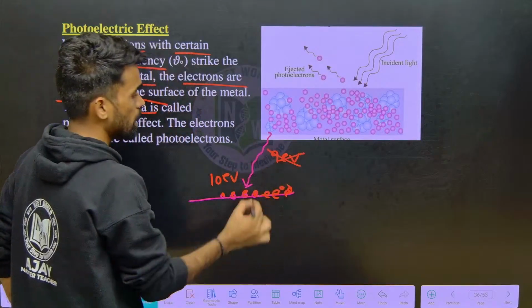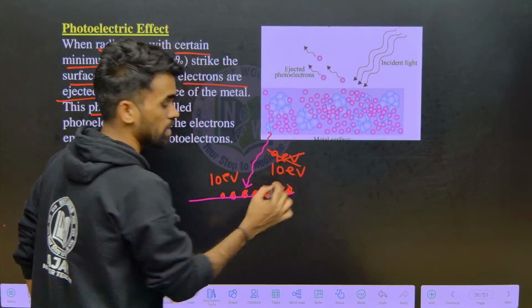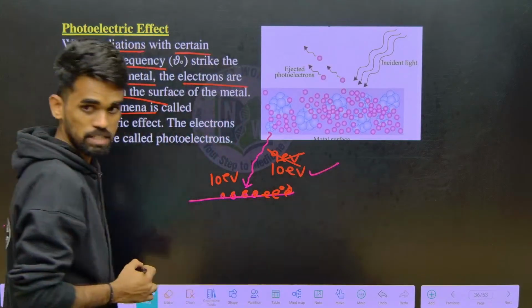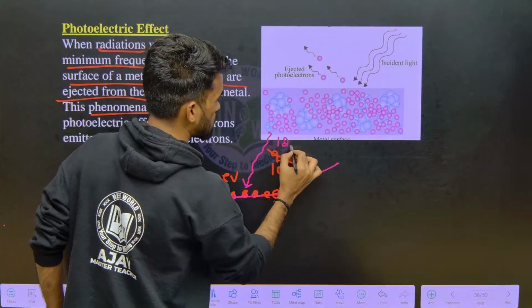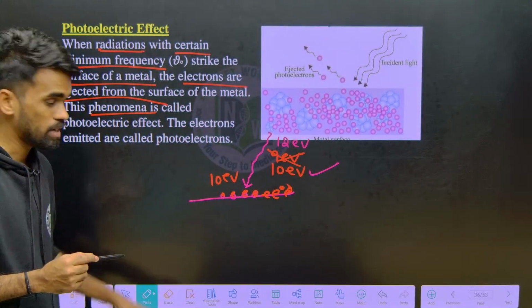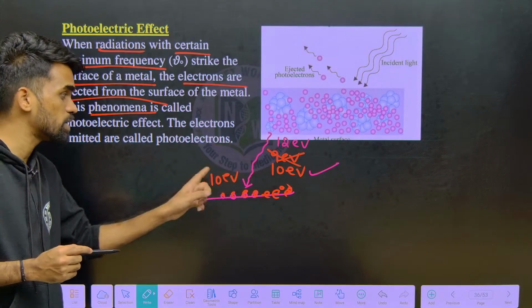Okay. Now I am supplying 10 electron volts of energy. In this case, it takes place. Now I am supplying 12 electron volts of energy. Photoelectric effect takes place, ejection of electron takes place because it requires only 10.